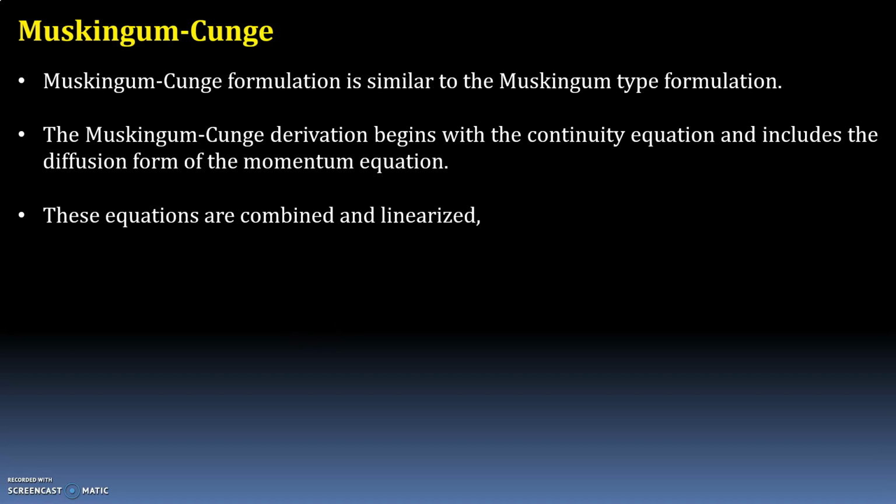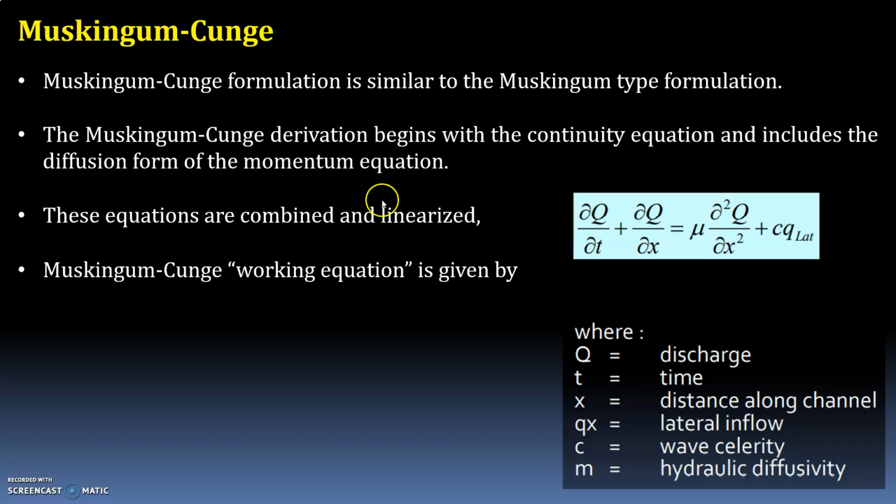These equations are combined and linearized, and the equation is given like this. Here Q is the discharge, t is time, x is distance along the channel, q_x is lateral inflow, C is wave celerity, and μ is hydraulic diffusivity.